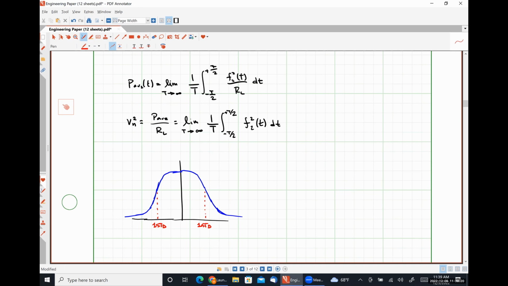So 68% of our noise is going to fall within that range. When we're 3 standard deviations out, so somewhere way over here, on either side, only 0.3% of noise values will be beyond that range.